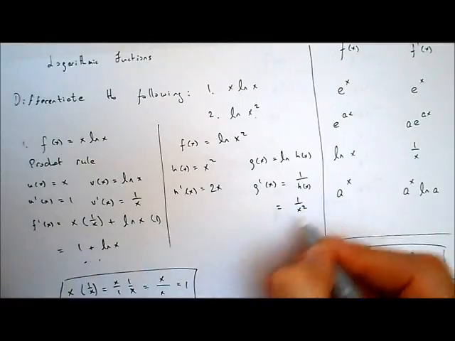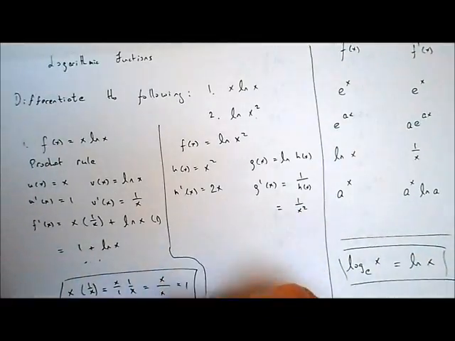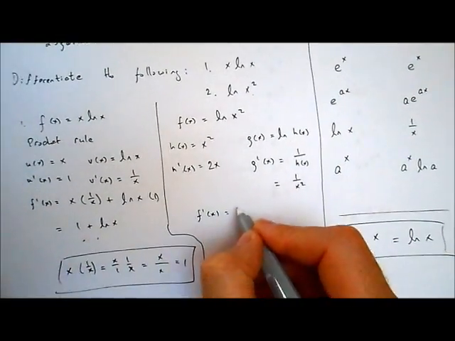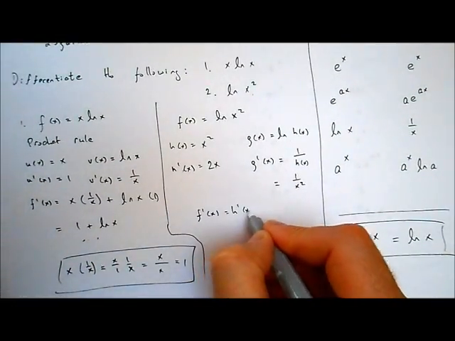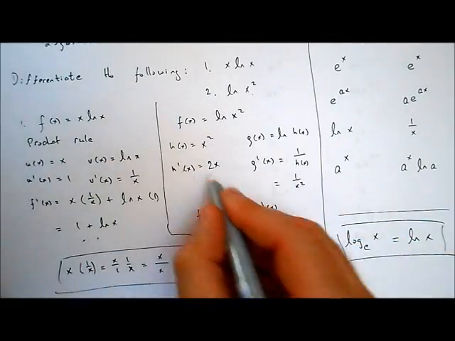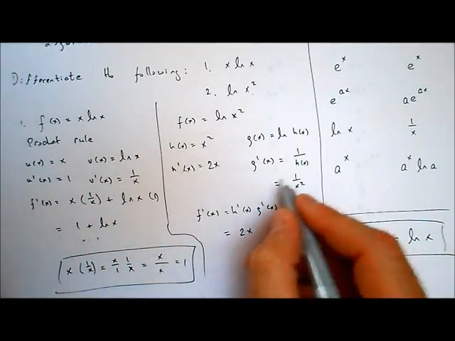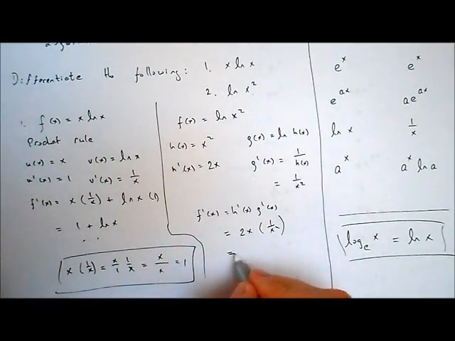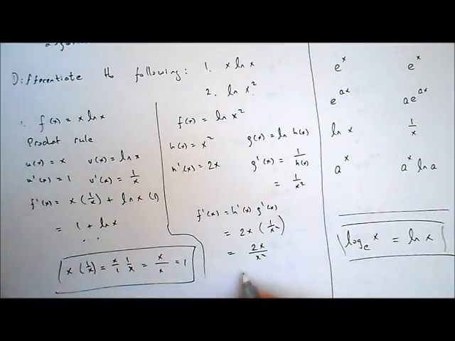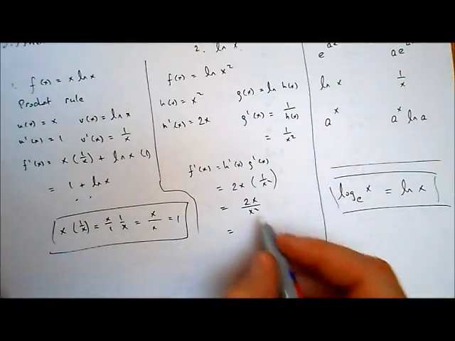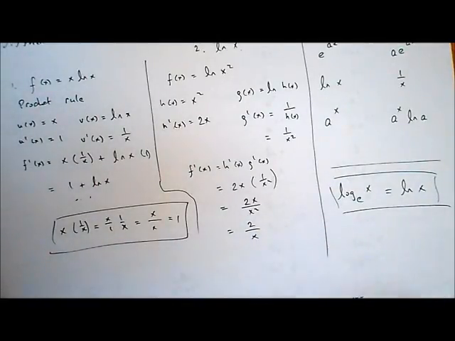By the chain rule, f dash x is h dash x times g dash x, which is 2x times 1 over x squared. Multiply them out, I get 2x over x squared. I can simplify that fraction by dividing top and bottom by x, so we end up with 2 over x.